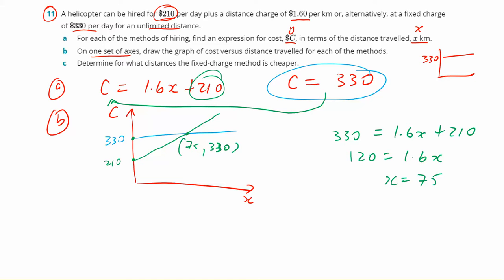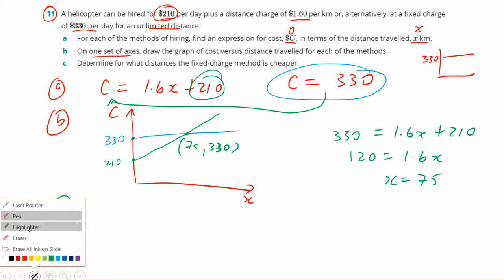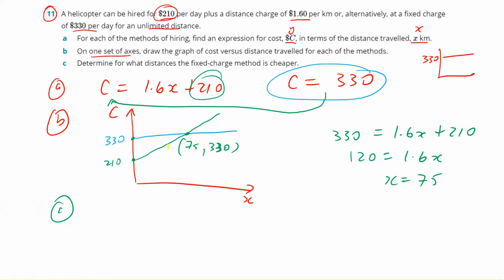So part C, determine for what distances the fixed charge method is cheaper. This is a thinking question. Where is it cheaper on the graph? For the fixed charge method, we're looking at the blue line. When is the blue line more affordable?